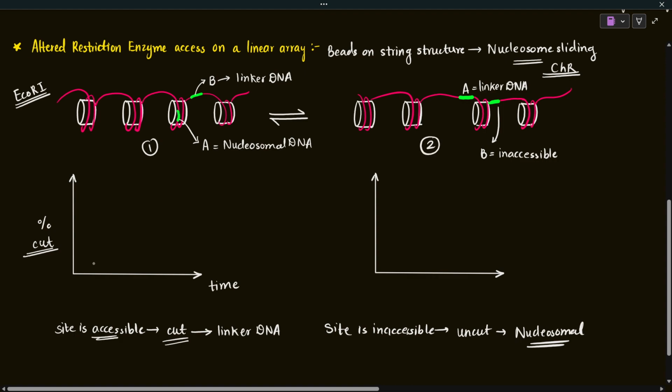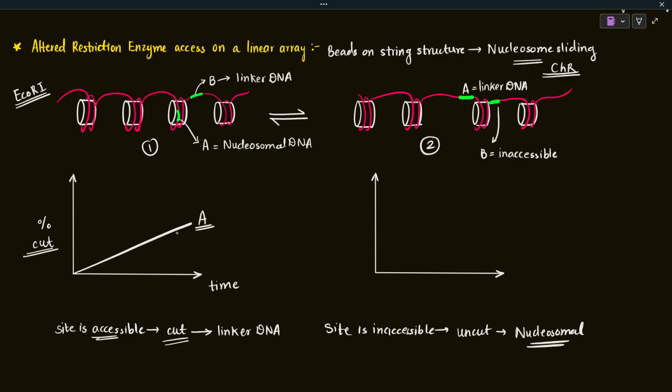In case one, the percentage cut over time for site A looks somewhat like this. This is the profile of site A. But when they observed the same for site B, the percentage cut over time was much higher. So this is the profile of B.